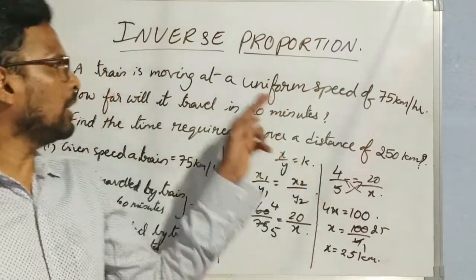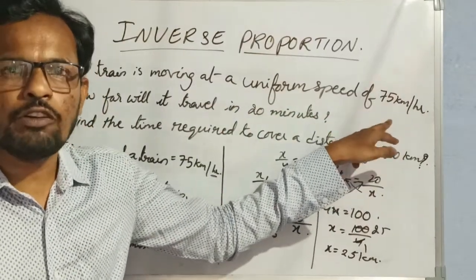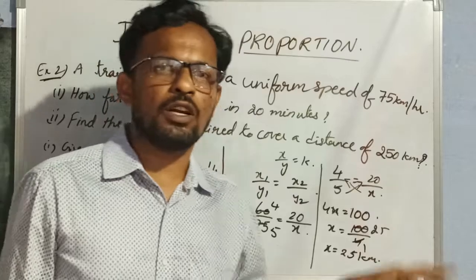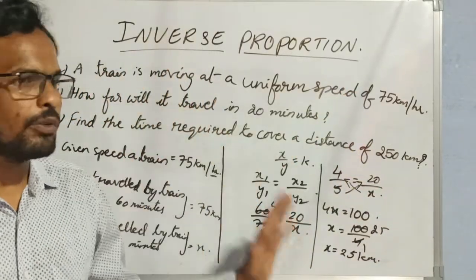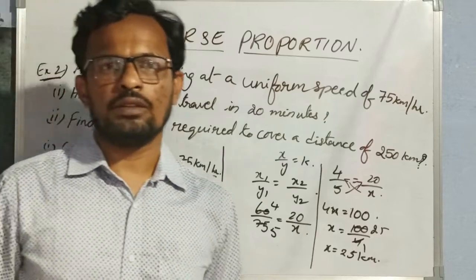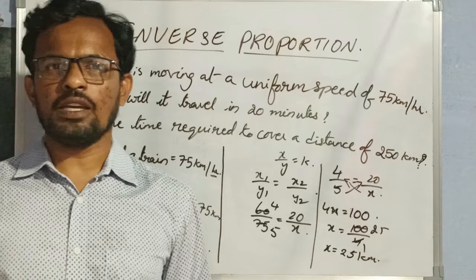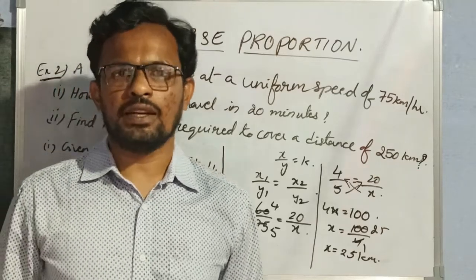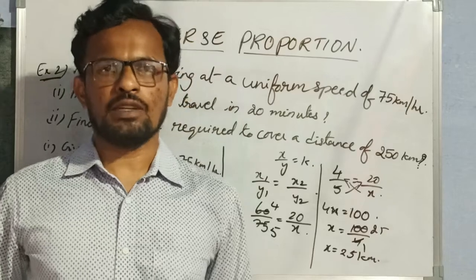Here the speed is not changing. This is uniform, and uniform means the speed is not changing. So for this type of question we have to go for direct proportion. When distance and time are changing, they change directly but not inversely. But speed and time will change inversely.